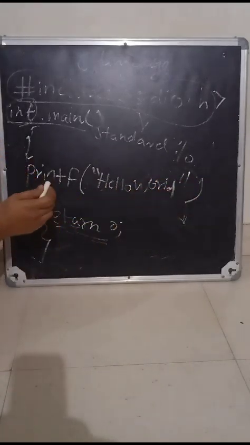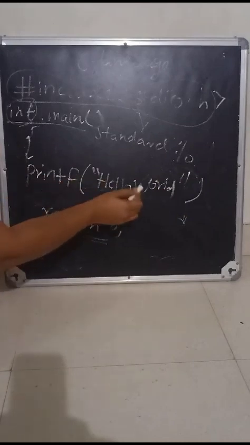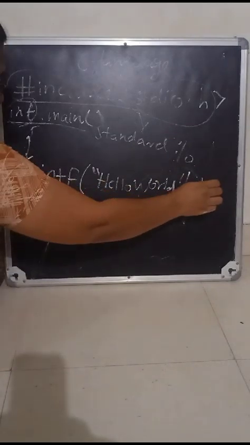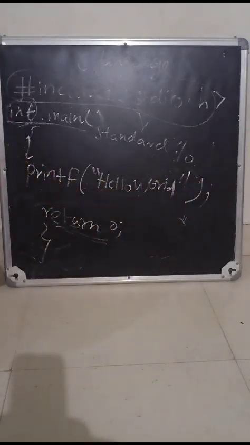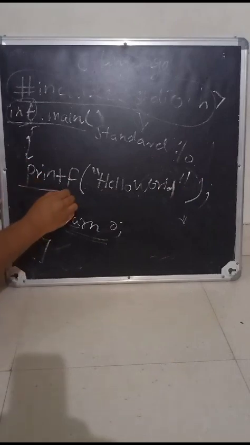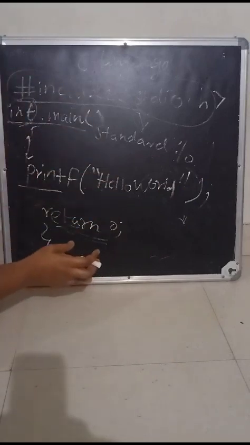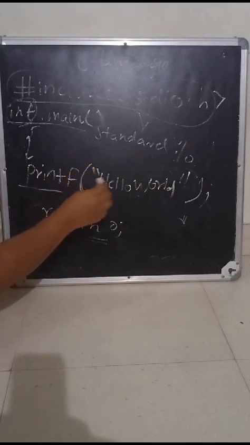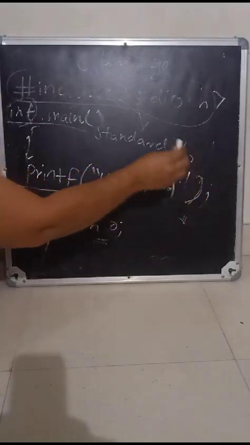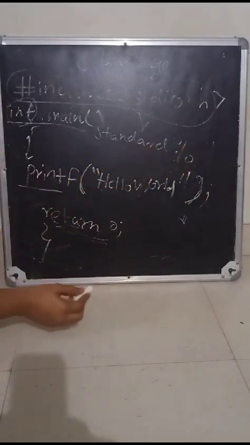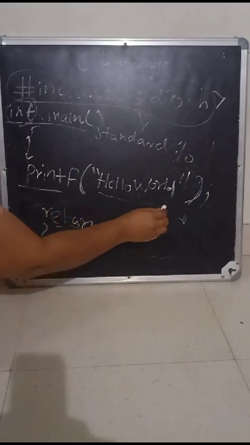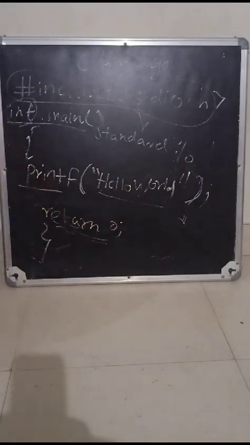Each and every line in C will end with a semicolon. So here I have added a printf for displaying the output, and within the open parenthesis and close parenthesis, I have added a string called hello world. This is the simple program for printing hello world.